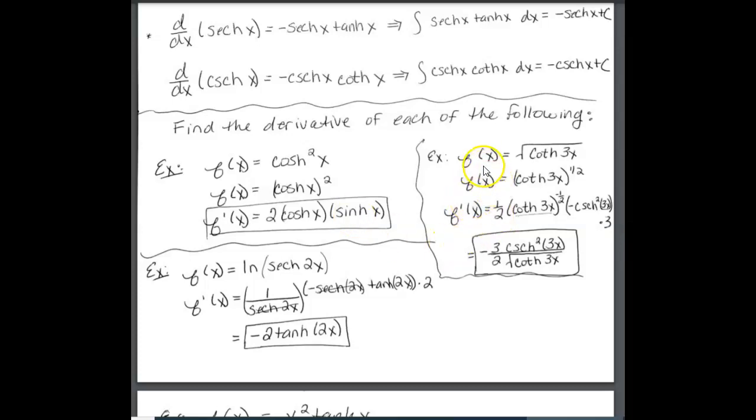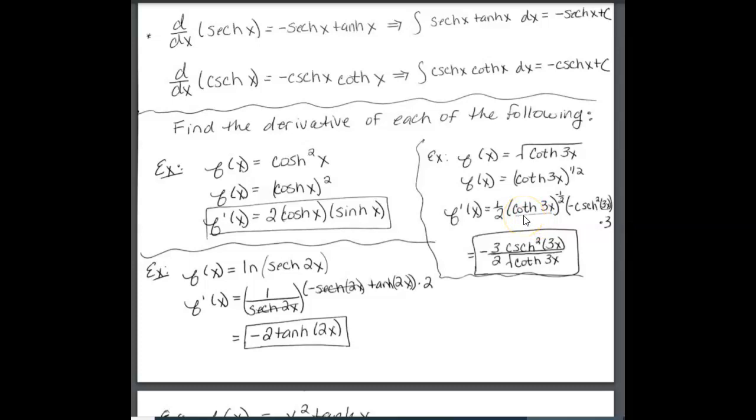All right, over here we've got square root of hyperbolic cotangent of 3x. So the first step is to rewrite that as the hyperbolic cotangent of 3x to the power of a half. And then again, we're going to use the chain rule a couple of times here. So the 1/2 comes down to the front. You keep all this like it is. Subtract 1 from the power gives me a negative 1/2.